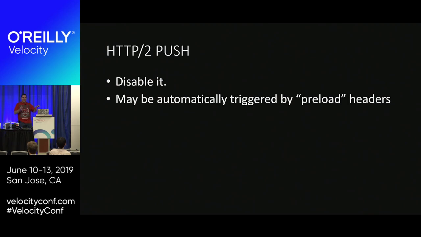But if you can't get it exactly right, you end up competing with the HTML. And so the resources that you're pushing down are slowing down the actual delivery of the HTML or other things that the browser's asked for. And so in 99.9% of cases, HTTP2 push is actually making pages slower.